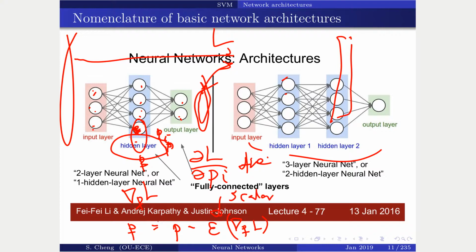So I want to go in the opposite direction. Let's say this is the original P. If I go along the gradient direction, then I will increase my loss. So therefore, I want to go in the opposite direction, so I will decrease my loss.